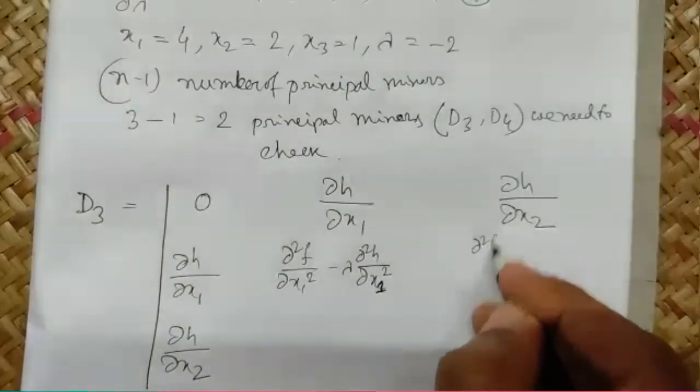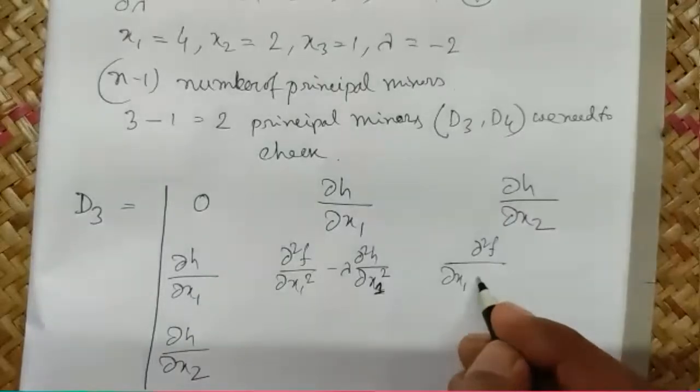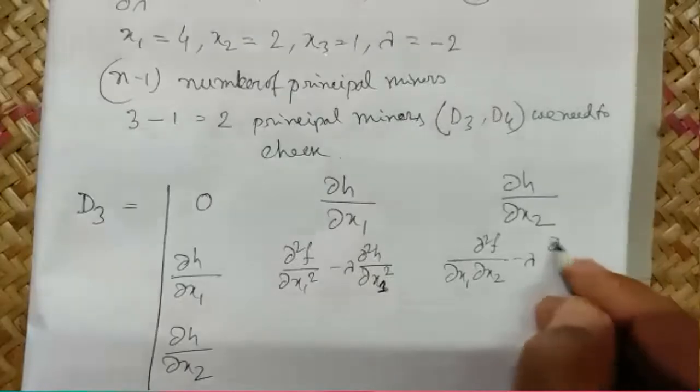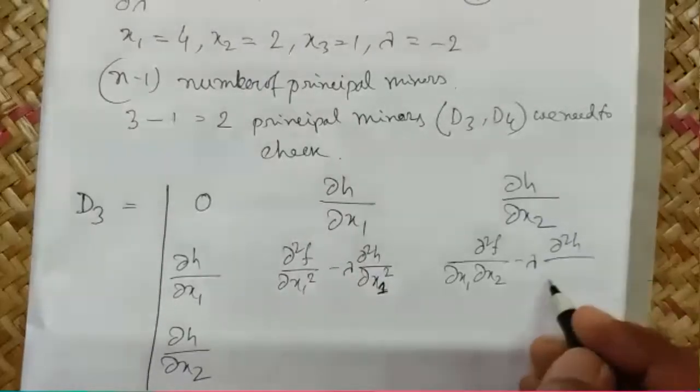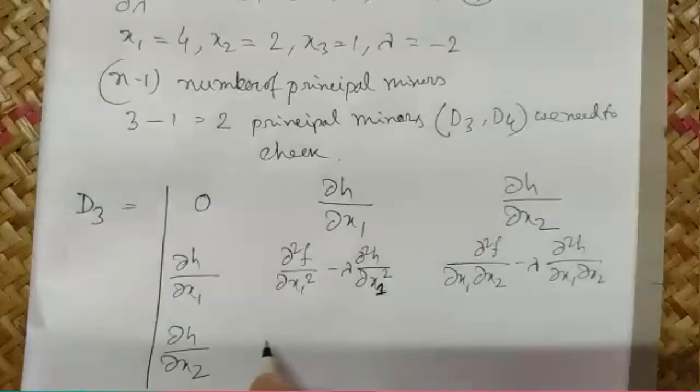Here del 2f del x1 del x2 minus lambda into del 2h del x1 del x2.